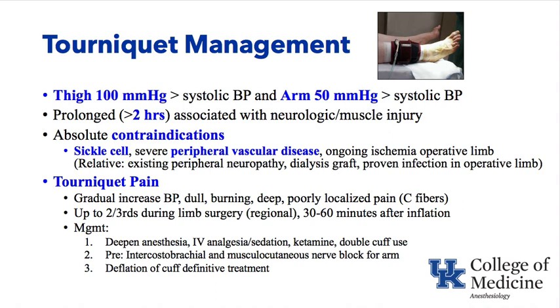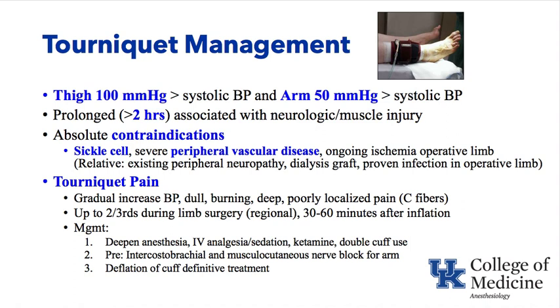If someone has ongoing ischemia to an operative limb, or if they have a bad peripheral neuropathy, that might be a contraindication. A dialysis graft, probably wouldn't want to put a tourniquet around a functioning dialysis graft and potentially clot it off. Or if someone has an infection in the operative limb. Those last ones are relative contraindications.